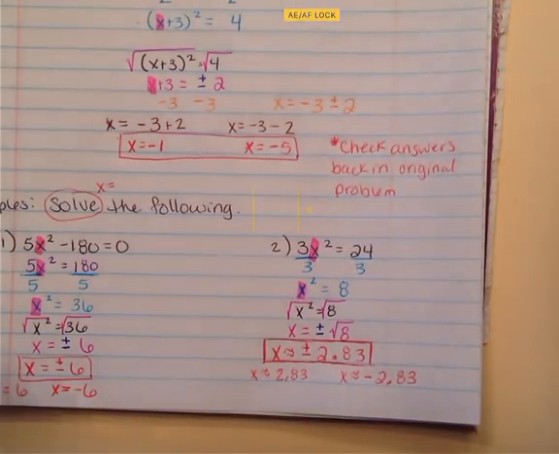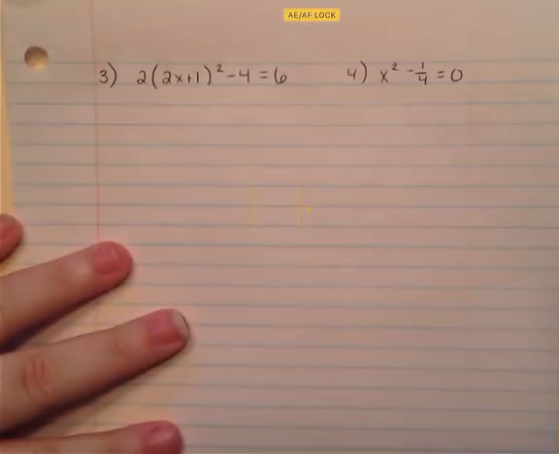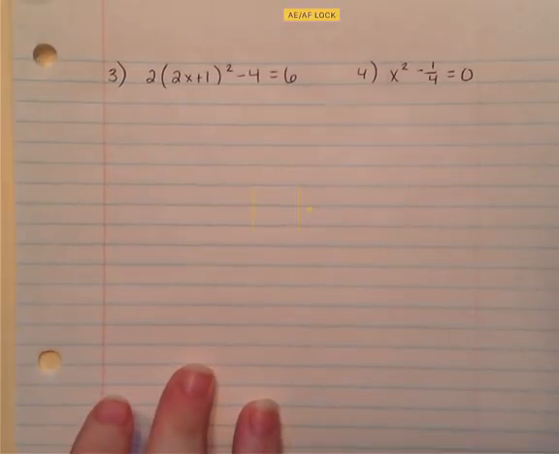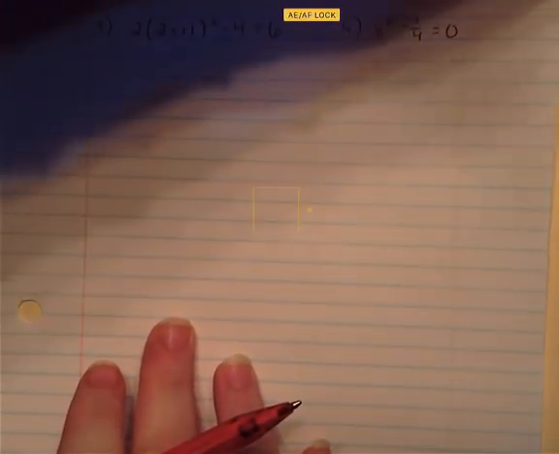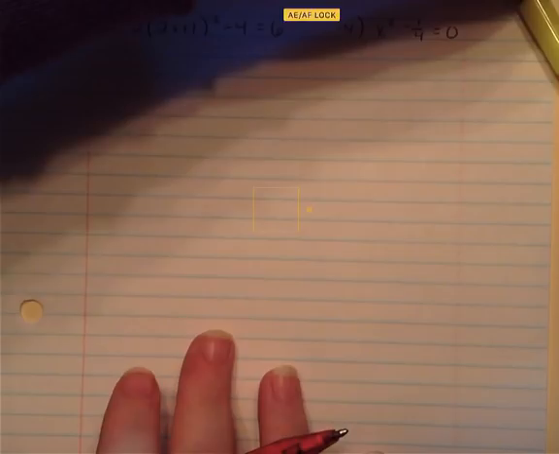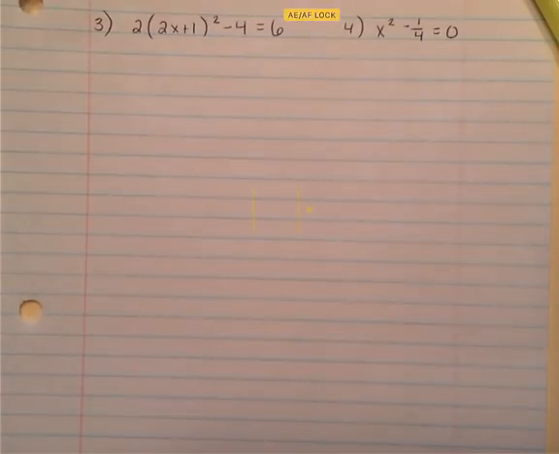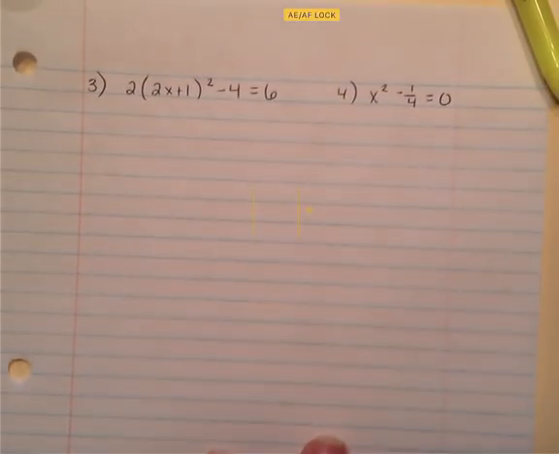The next problem we're going to do goes back to making it look like vertex form. Because we have 2 parentheses 2x plus 1 squared minus 4 equals 6. We're still going to do order of operations backwards so that we can solve.